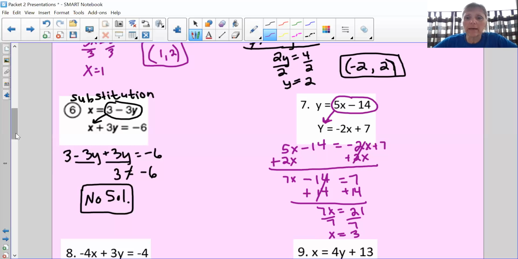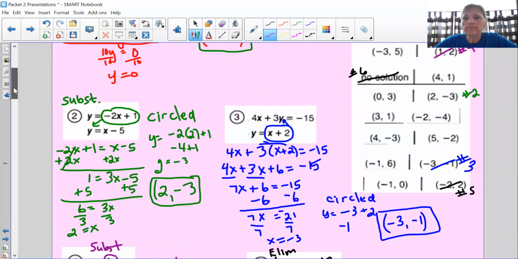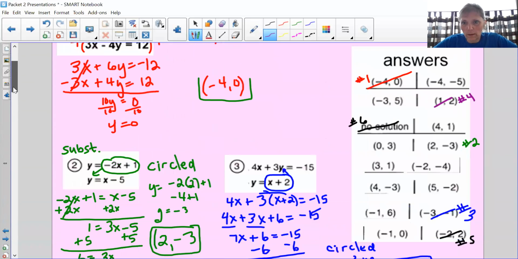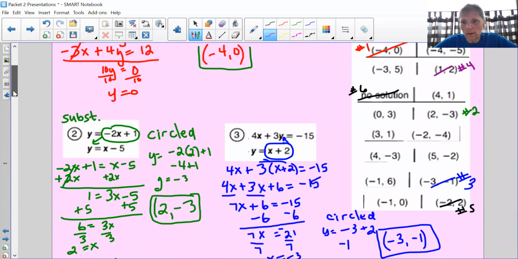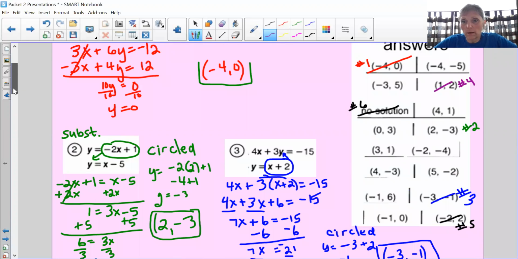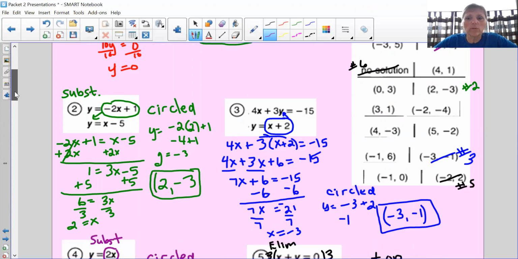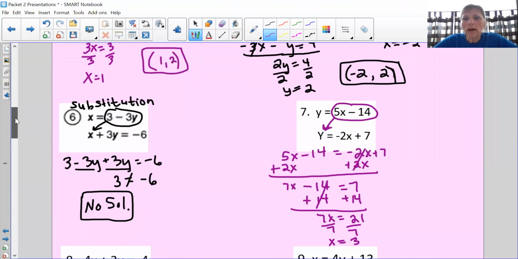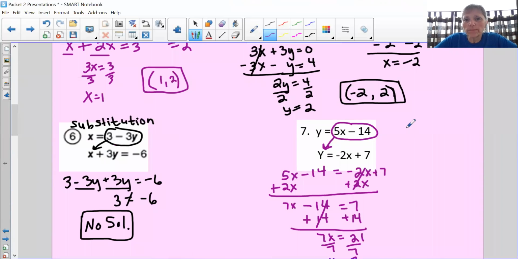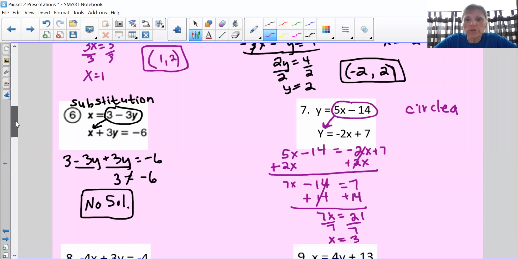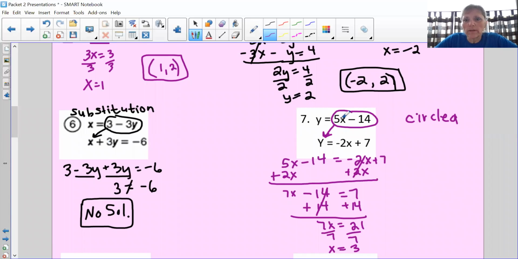I'm going to jump up here because I don't want to work the whole thing and find out I've made a mistake. Okay, x is 3, and here is probably the answer. We're hoping the y value is 1. So I'm going to use the circled. X was 3, so in this place, x is 3.